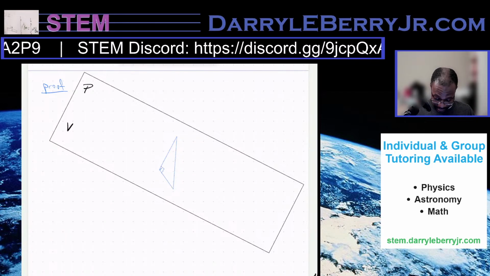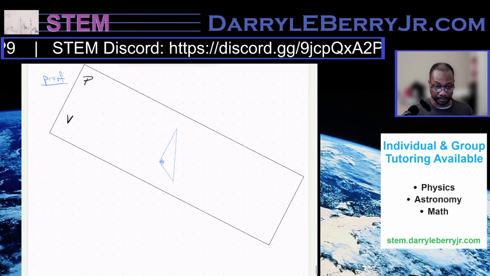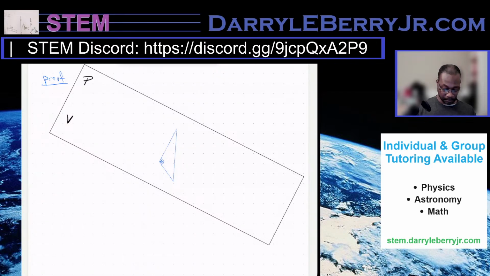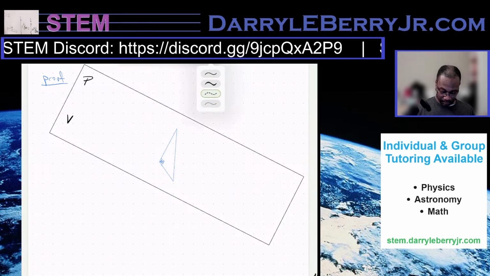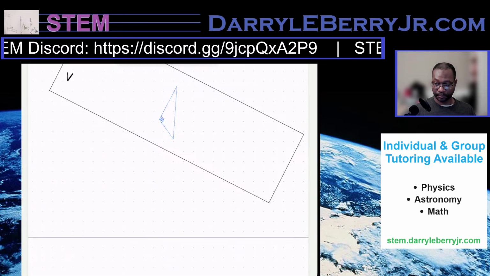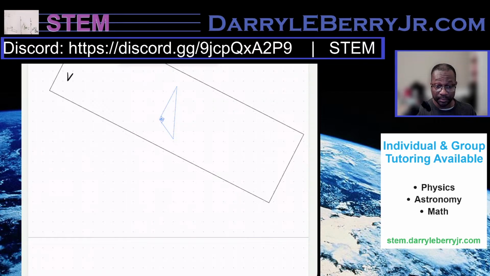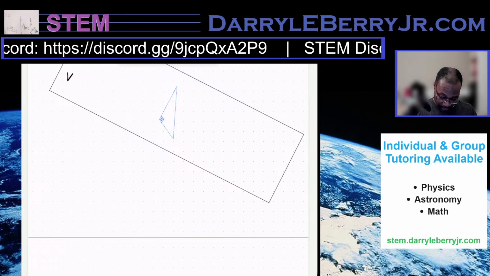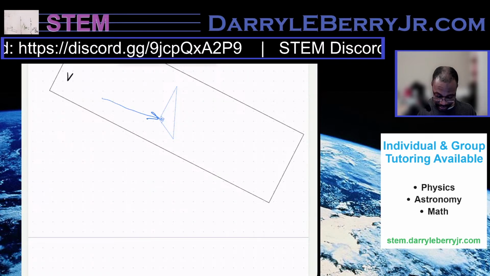And we have this as a right angle. And we can say that P is here.